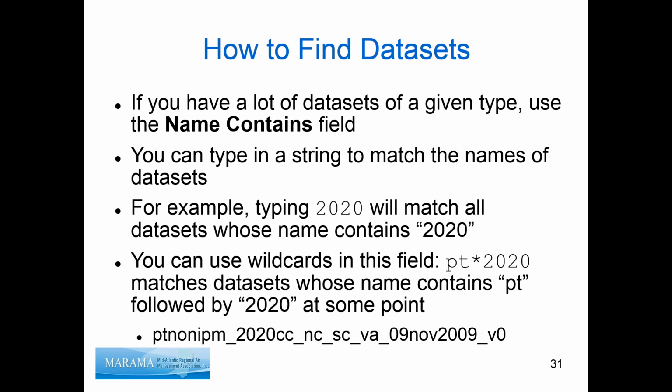For example, if you type in 2020, you'll automatically see just the datasets whose name contains 2020. You can use wildcards in this field, like the asterisk character. So you could type in PT asterisk 2020, and that's going to find all the datasets whose name contains PT followed by 2020 at some point in the name. This search is not case sensitive, so it'll find uppercase and lowercase.